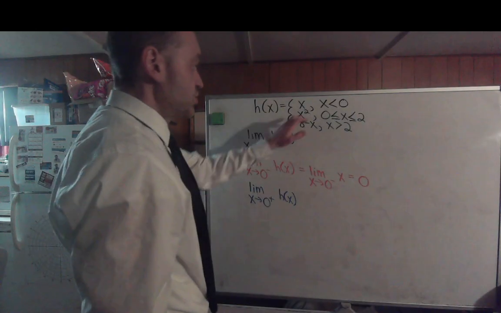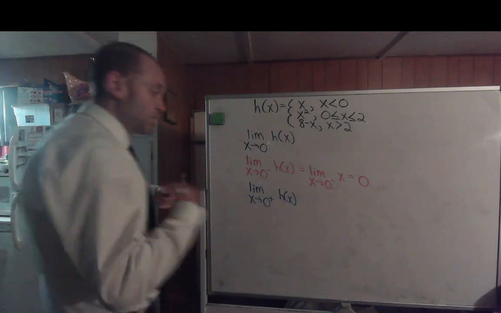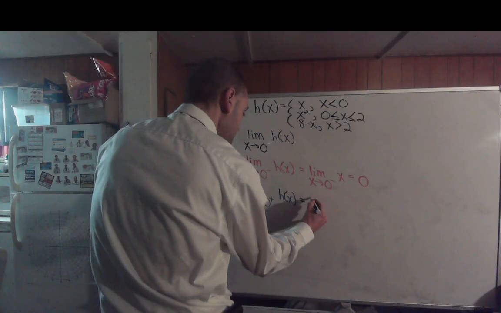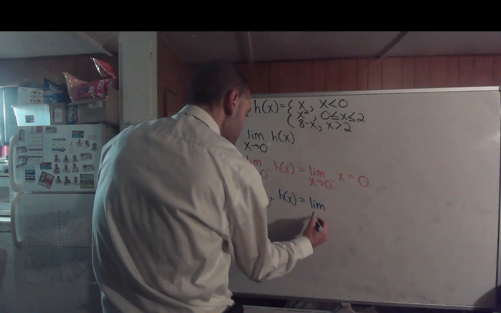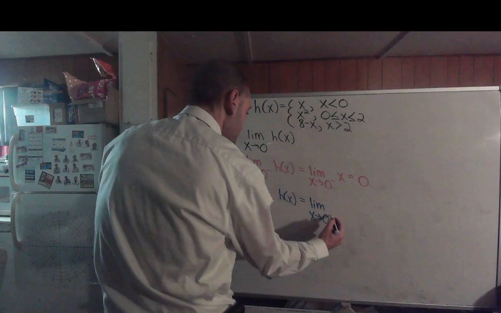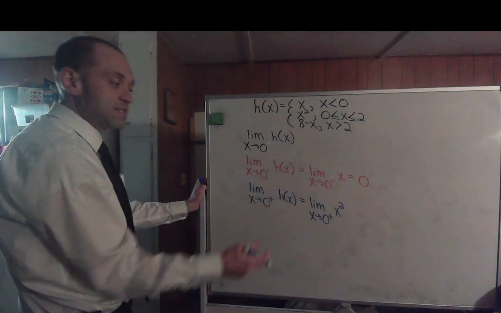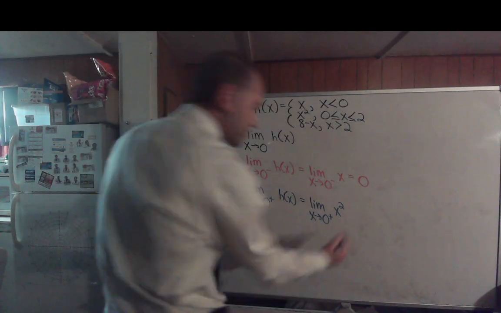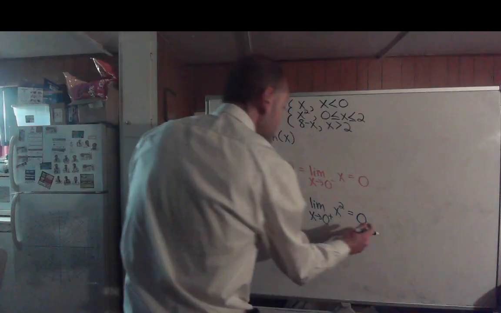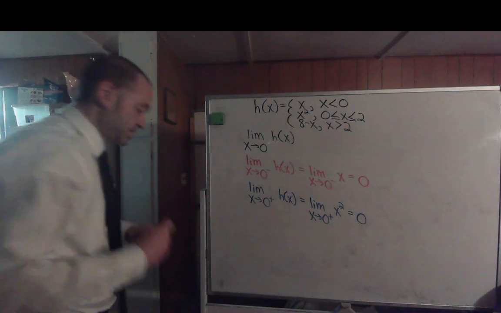That means that h of x is going to behave as x squared. So this will become the limit as x approaches 0 from the right of x squared. Well, we can do direct substitution and put that 0 in for x squared. You also get a right-handed limit of 0.